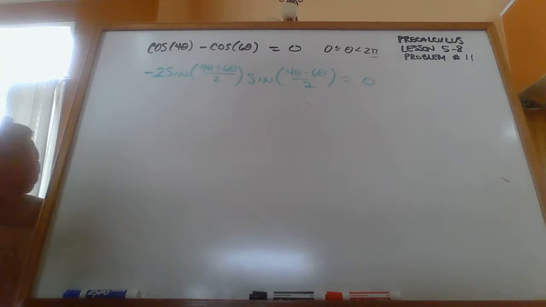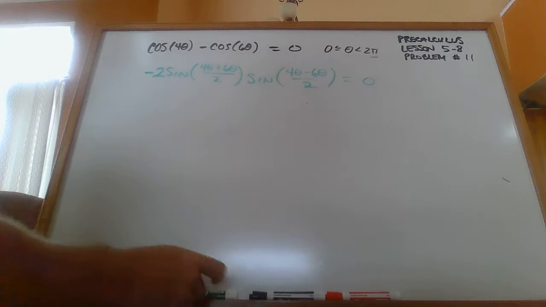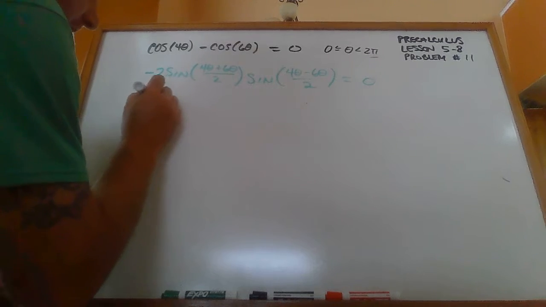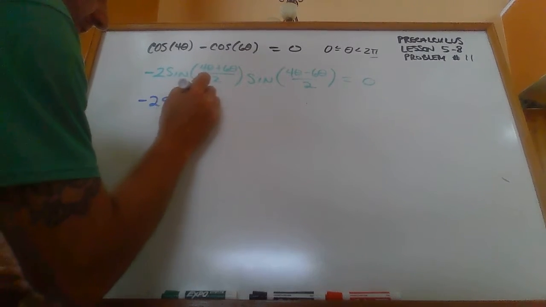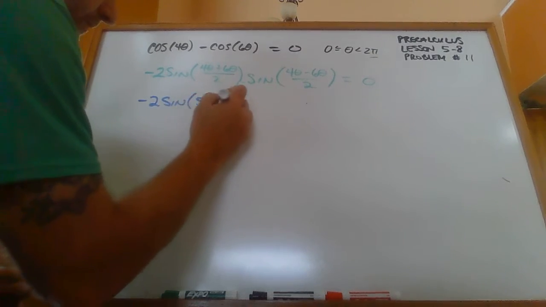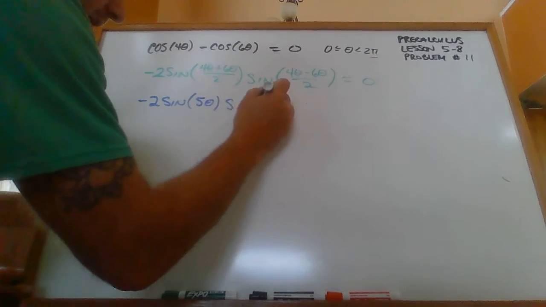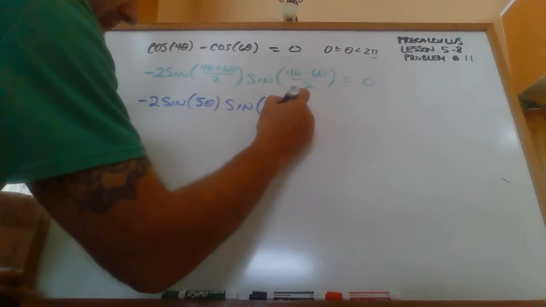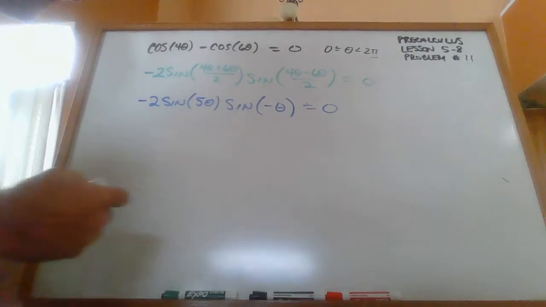So we're going to do a little bit of algebra here, because the rest of this is pretty easy once you get to here. Okay, so -2 sine, that's 10 theta divided by 2, which is 5 theta, times sine of -2 theta divided by 2, which is just negative theta, equals 0.